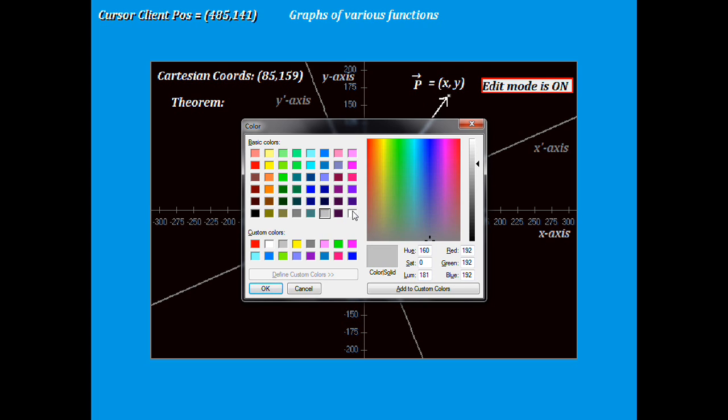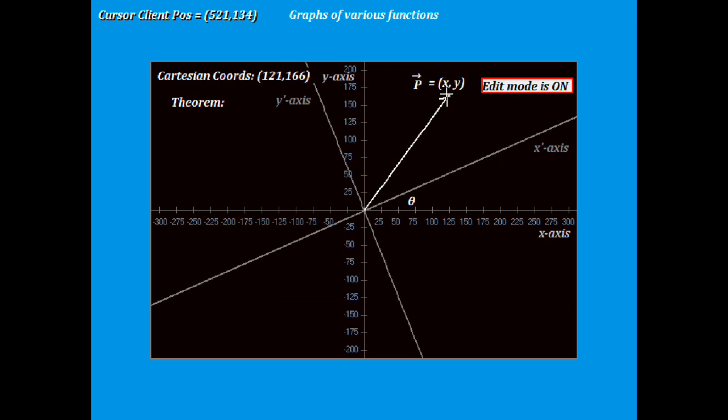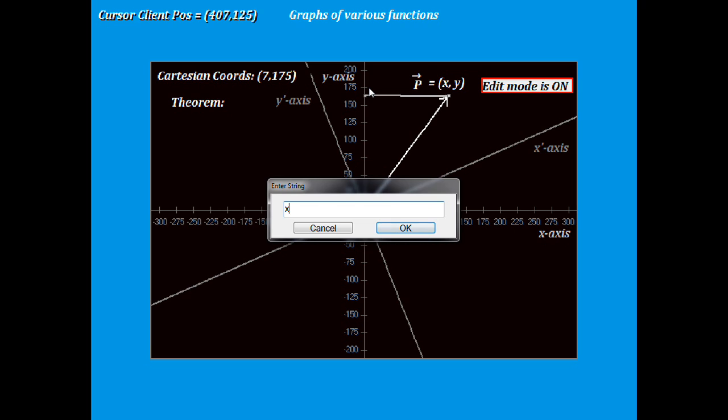I'd like to make a thin line, but I don't have that option, so I'll use this ugly color. So the height here is y.